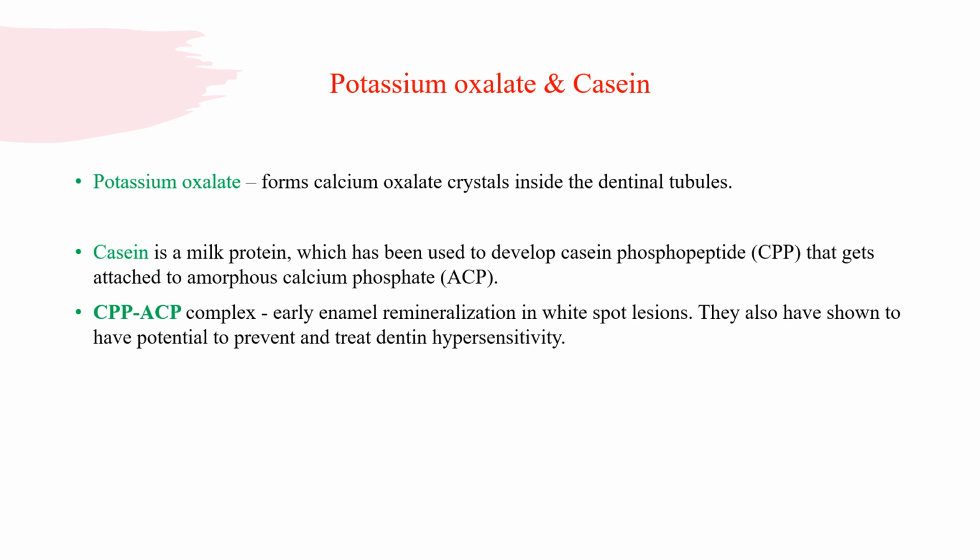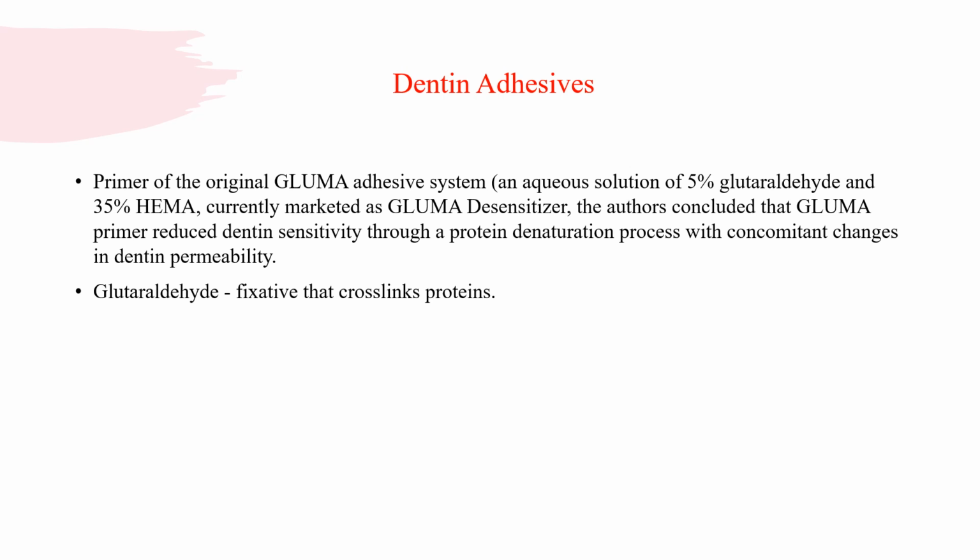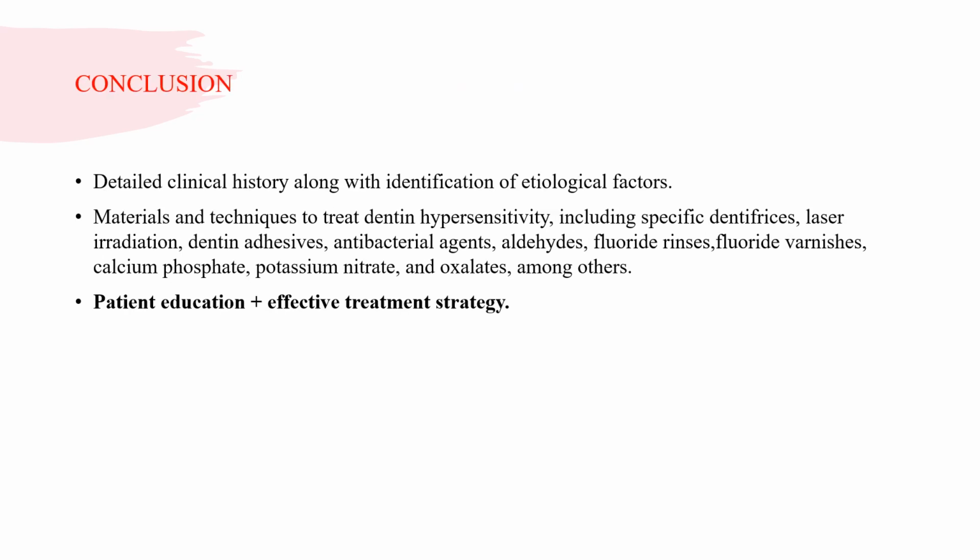They have also been shown to have potential to prevent and treat dentin hypersensitivity. Under the dental adhesives, the primer of the original Bluma adhesive system can be used, and glutaraldehyde has also shown positive results.